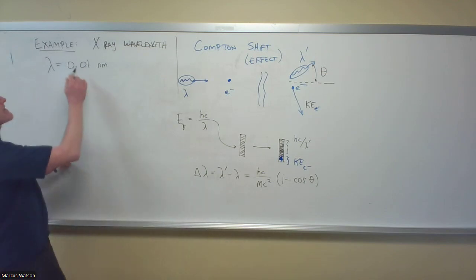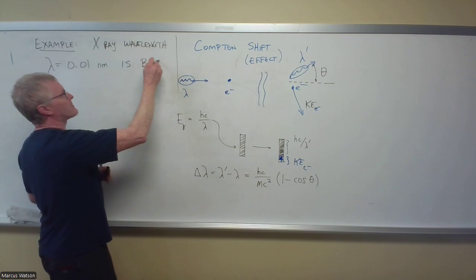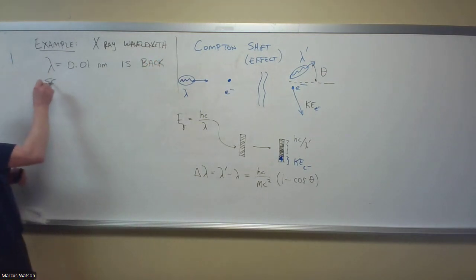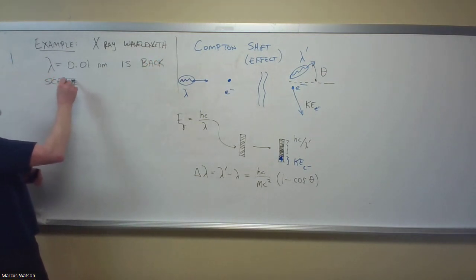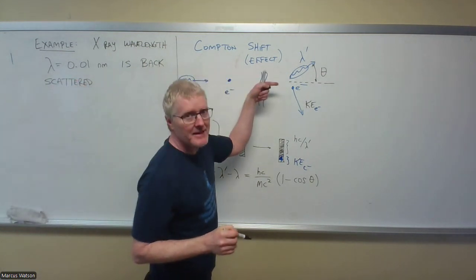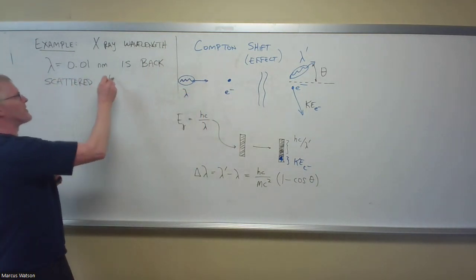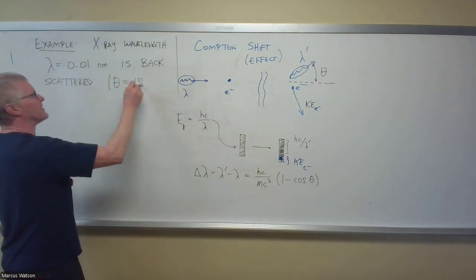Let's suppose that this X-ray wavelength is then backscattered. What that means is the photon had come in, hit the electron, and then completely reversed path. In other words, theta is 180 degrees here.